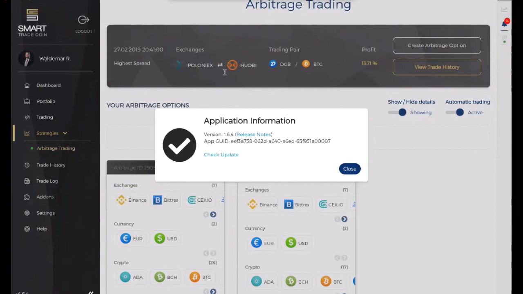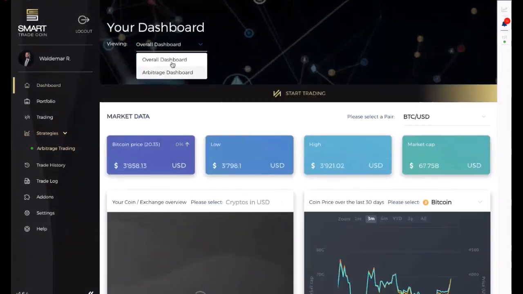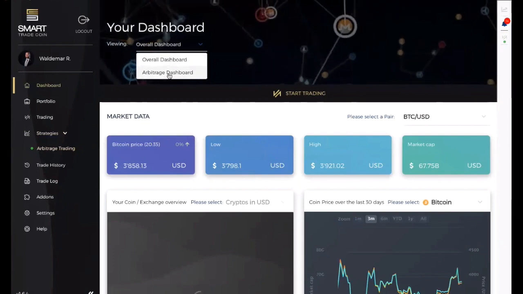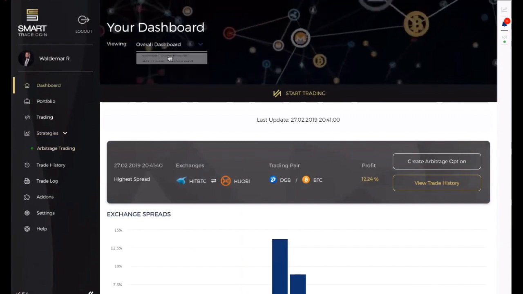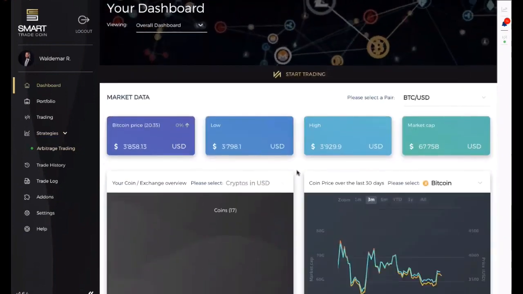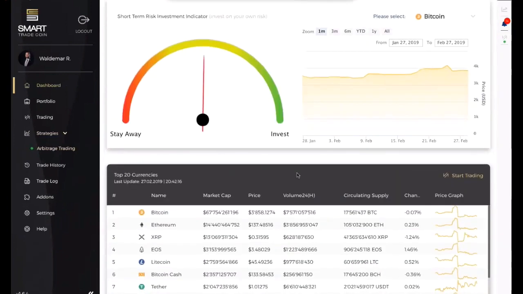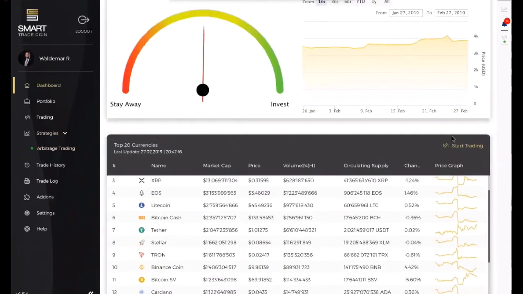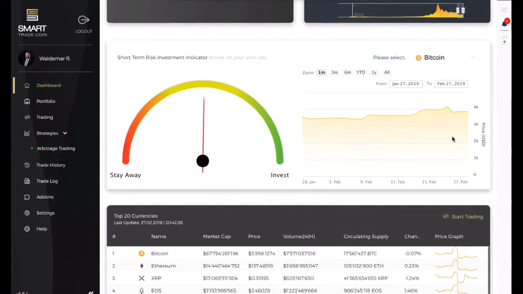In this section, a very good function is indicators. This indicator allows us to buy and trade manually. If you click in the upper right corner where Bitcoin is, there are the top 20 coins, and it constantly scans and reads for the last 24 hours what is happening with those coins. And it just tells us what to buy and what to sell, in which currencies to invest and what to hold.